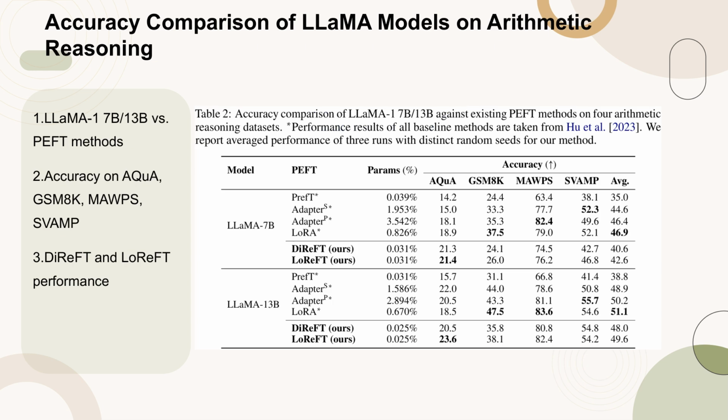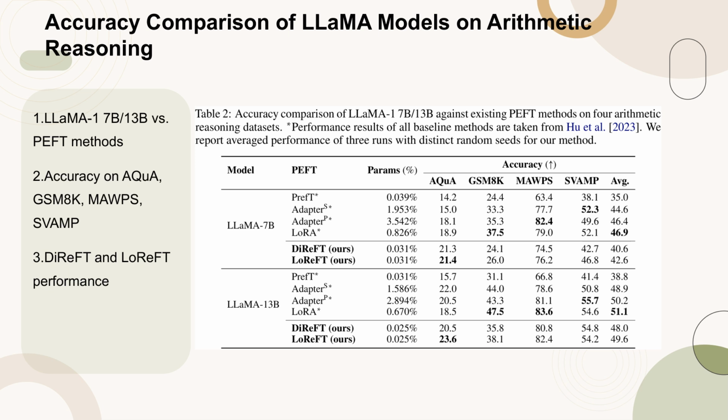Table 2 presents an accuracy comparison of Llama 1 models with 7B and 13B parameters against various parameter-efficient fine-tuning (PEFT) methods on 4 arithmetic reasoning datasets: AQuA, GSM8K, MAWPS, and SVAMP. The table highlights the performance of each method in terms of accuracy, with specific figures provided for each dataset.